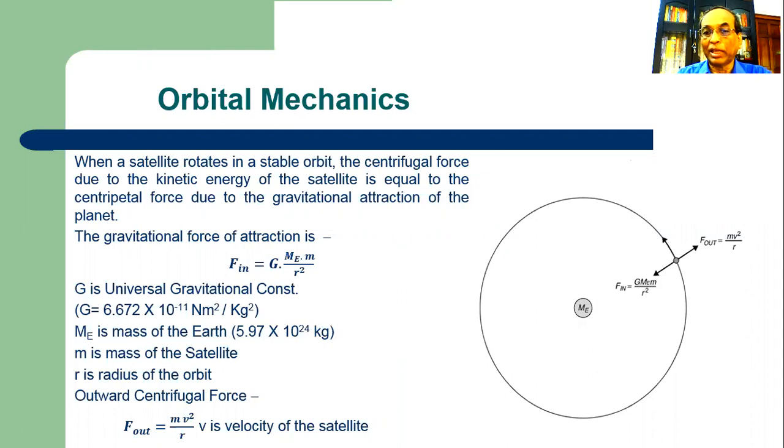Here, right at the center of the circular orbit, there is ME, the mass of the Earth, and the satellite is assumed to be rotating in a circular path. In the case of the geostationary Earth orbit, GEO, this is around the equator, so it is more or less a circular one.